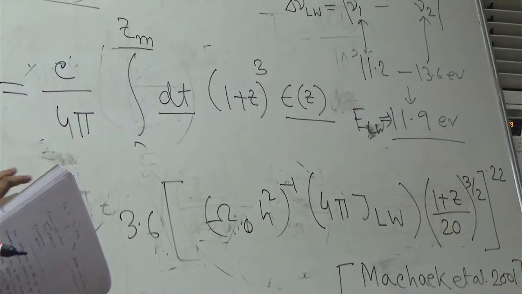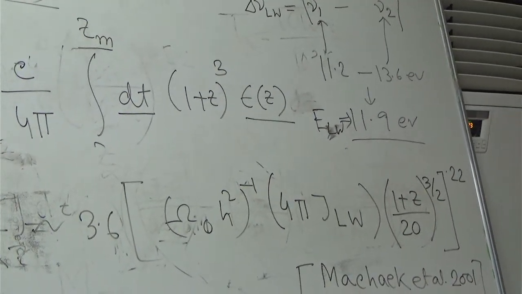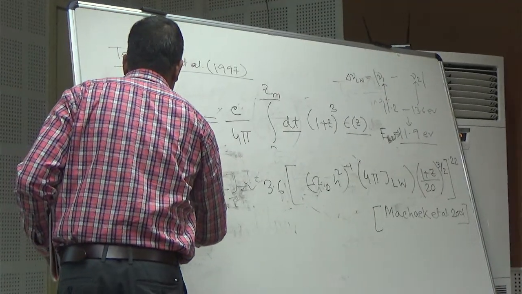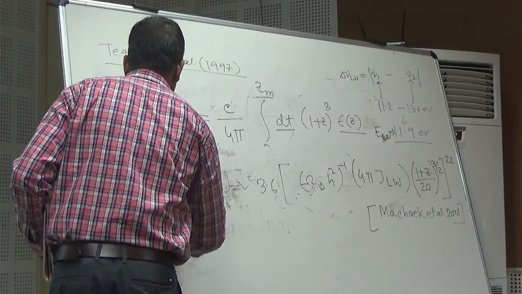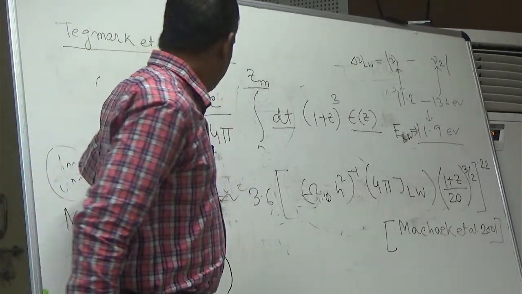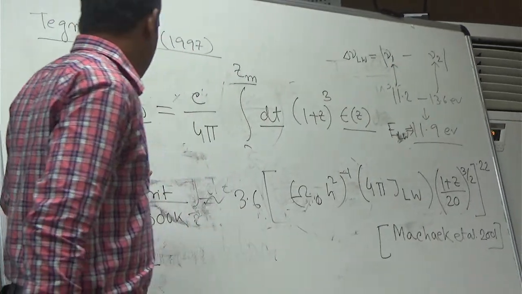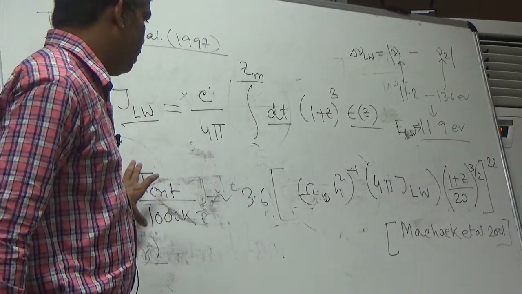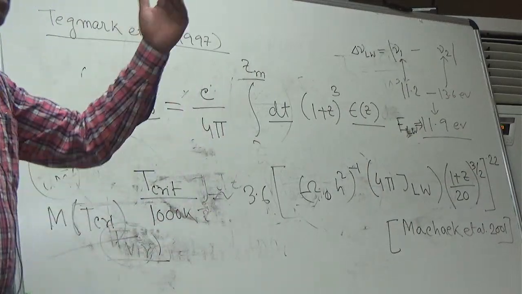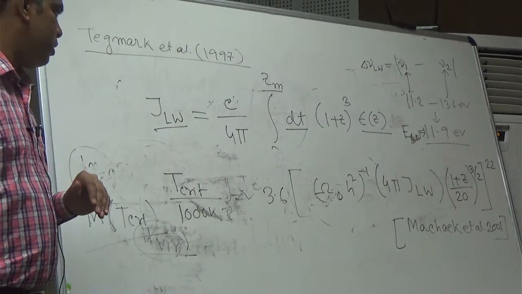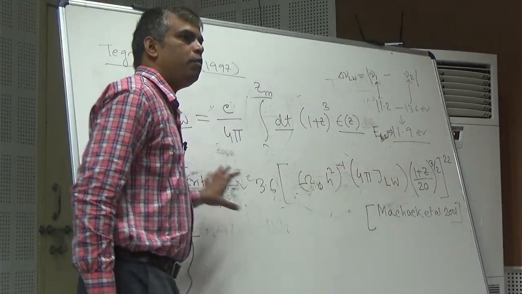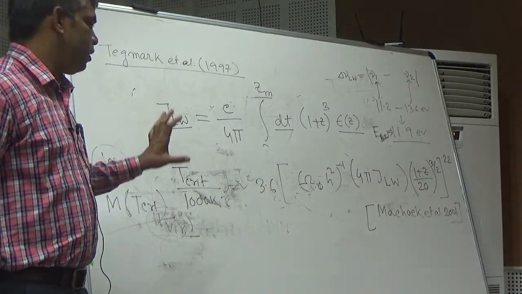Okay. As I said, you can estimate the dark matter mass corresponding to T critical. So once you calculate this, you can use that value to estimate a critical temperature, T critical. That is the critical temperature required for star formation. So if JLW is higher, T critical will also be higher, right?